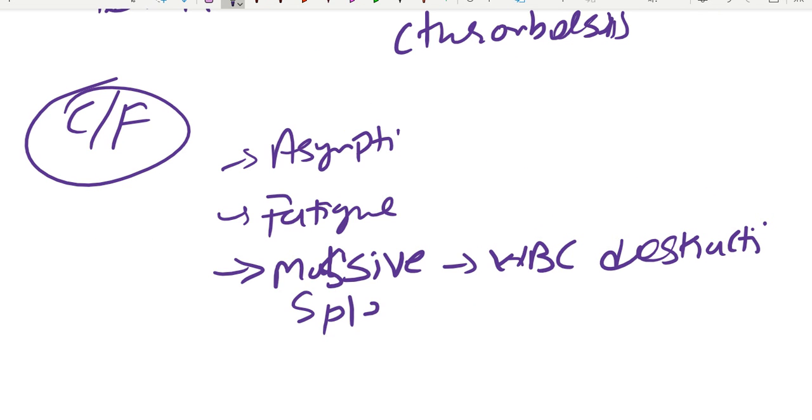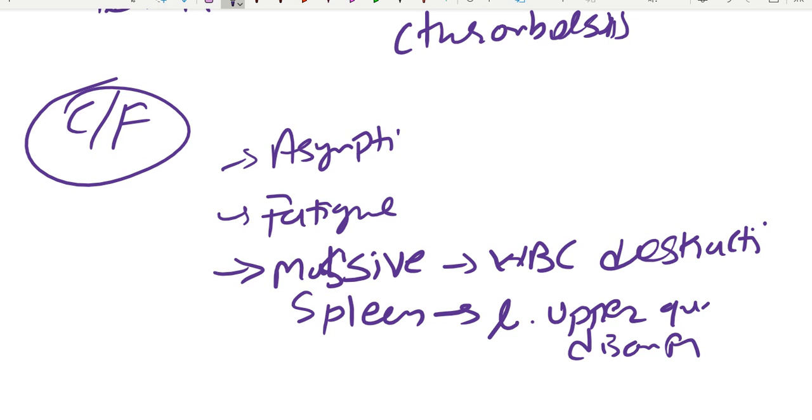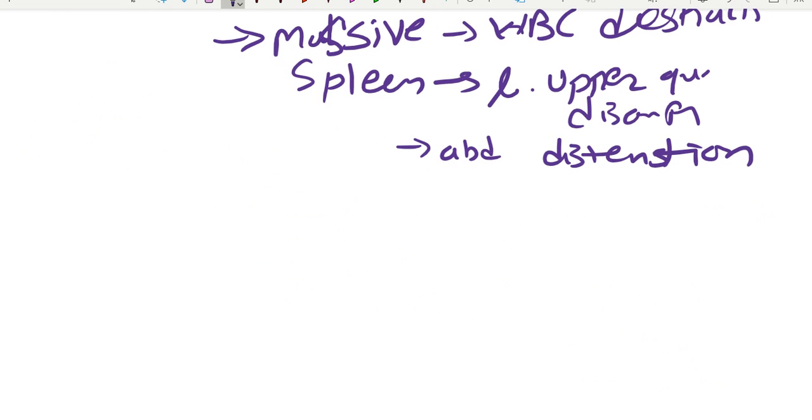Massive spleen leads to left upper quadrant discomfort, abdominal distension.